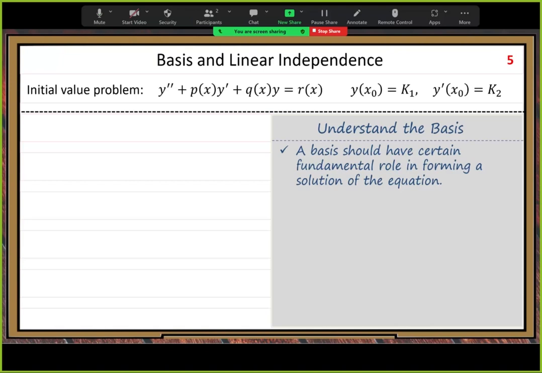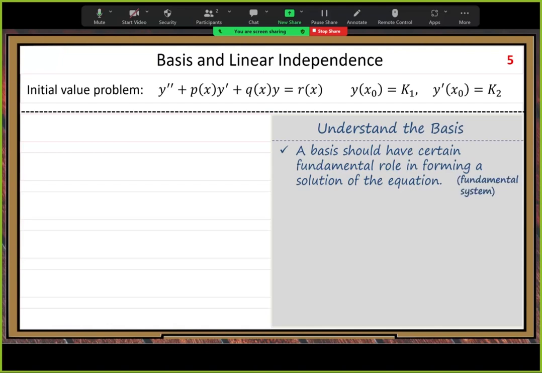First, a basis should have a certain fundamental role in forming a solution of the equation. Its role is fundamental. There, we use another term for it: we call a basis a fundamental system.